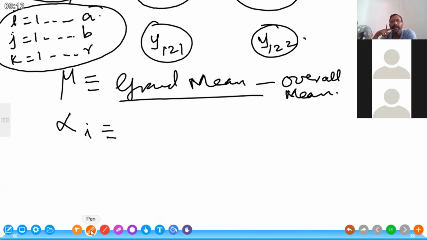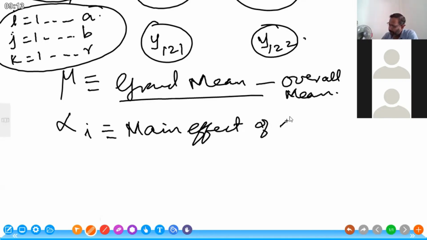Which effect is that? Main effect of factor A.